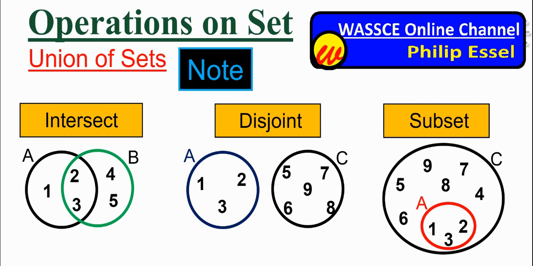Finally, you can be asked to find the union of two sets, one of which is a subset of the other. So these are the various types of union of set questions you are likely going to encounter. For the subset type, we've not already looked at it, so let's look at it in our next slide.